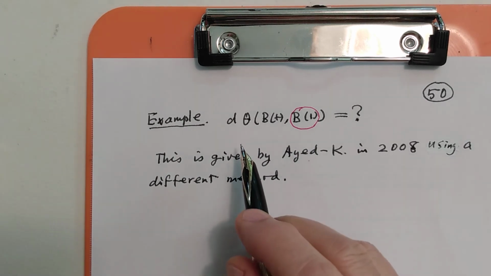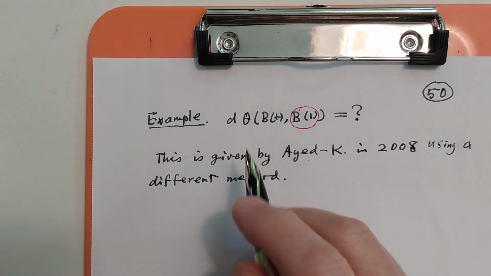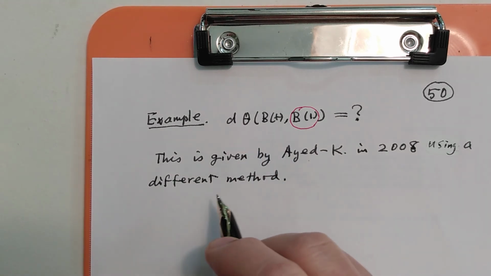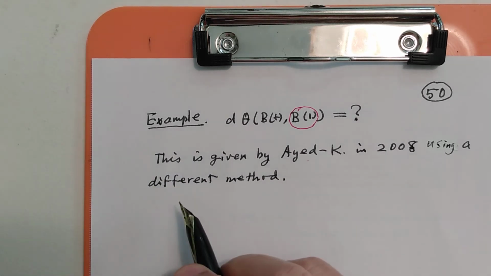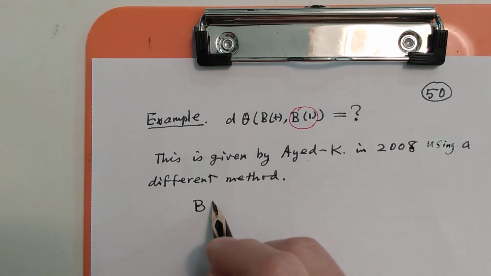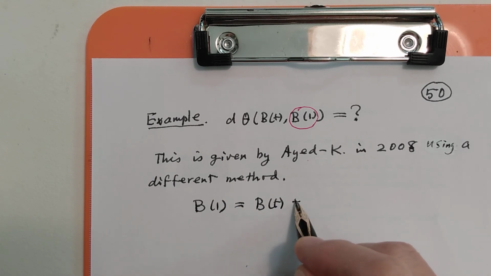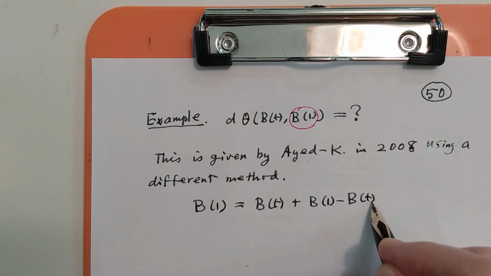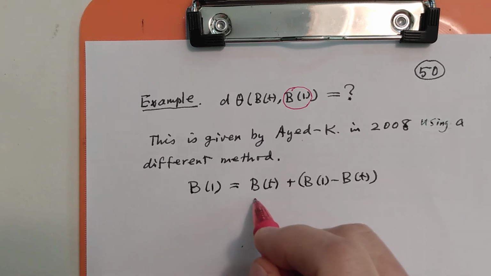Okay, so how do we find out the stochastic differential of theta of B_t, B_1? We are going to use the second theorem in the previous page. Namely, this B_1 is decomposed into two parts, B_t plus B_1 minus B_t, which we are familiar with now. This has been used several times.